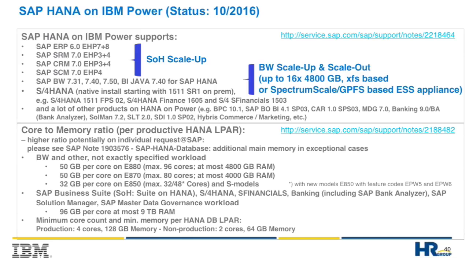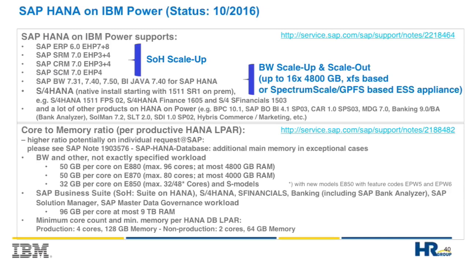Core to memory ratio, I said that already, and if you compare that to x86 solutions, we are more than double better than x86. So that means we have fewer cores and with better throughput. Some other things is that we can scale with the Power LPAR right now for ERP to 9 terabytes.